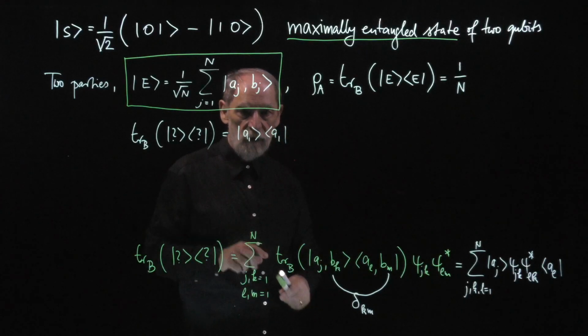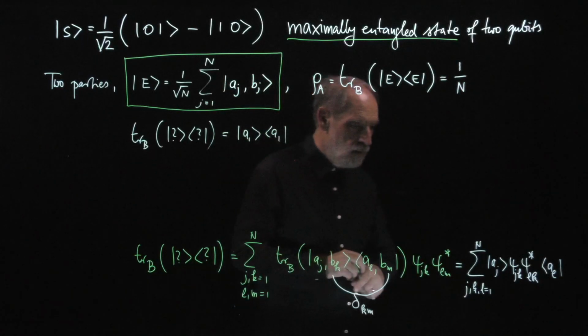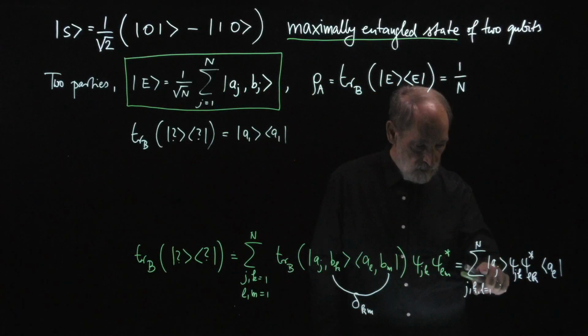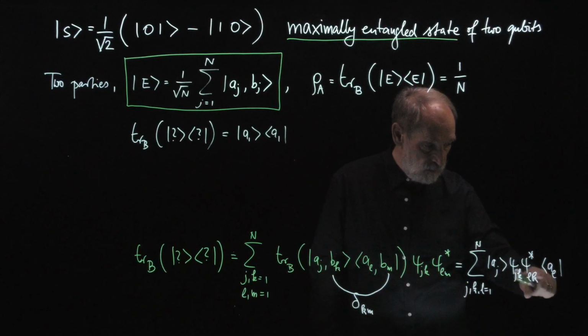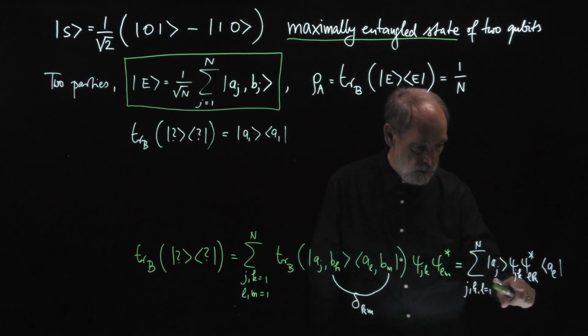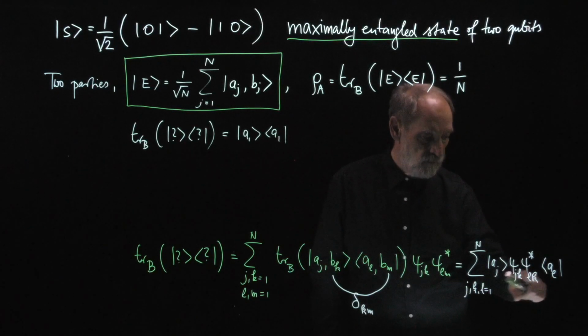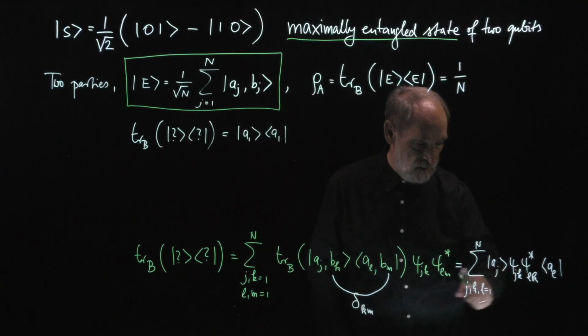But in the final expression, we only have the A1 ket and the A1 bra, which means that from all the kets that appear here, only the one with j equals 1 has to survive the summation, and also only the bra with the label L equals 1 can survive the summation. So all terms where j is not 1 or L is not 1 have to vanish, which means that the psi's have to vanish, except for those where j is 1 and L is 1.